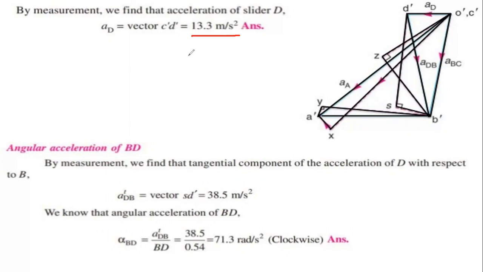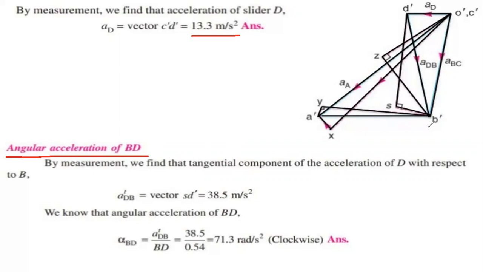By measurement, we find the tangential component of the acceleration of D with respect to B, that is the tangential acceleration of the link DB, the vector SD dash.